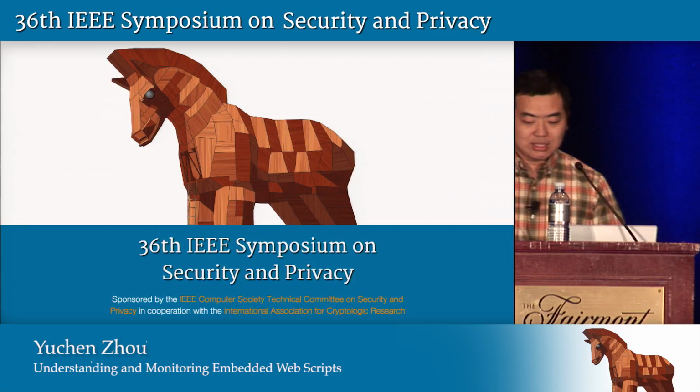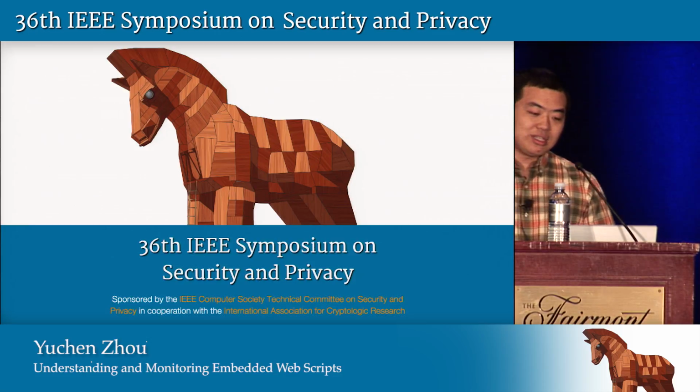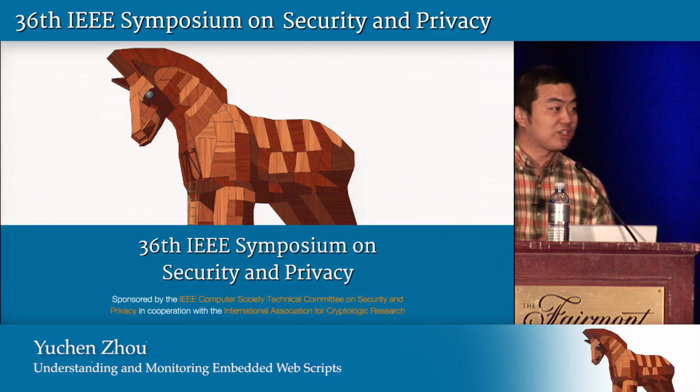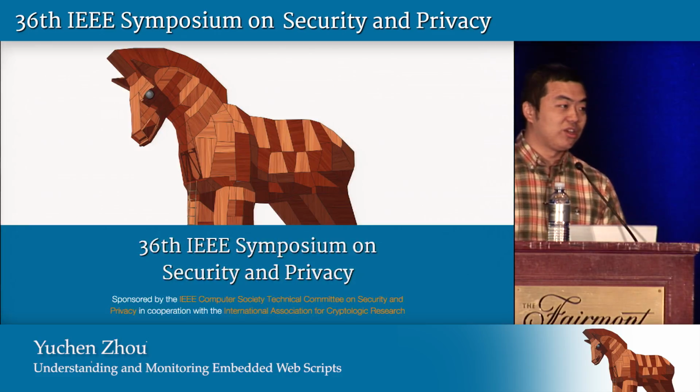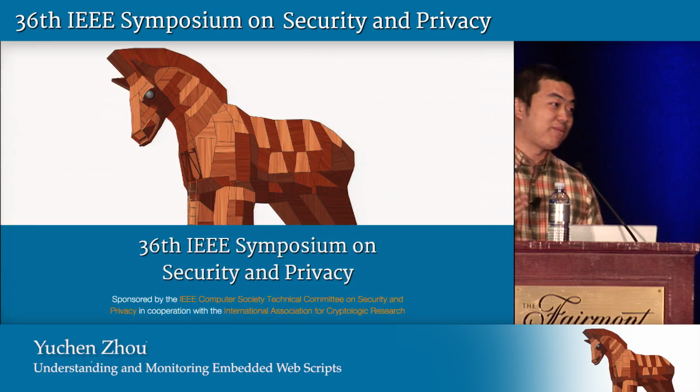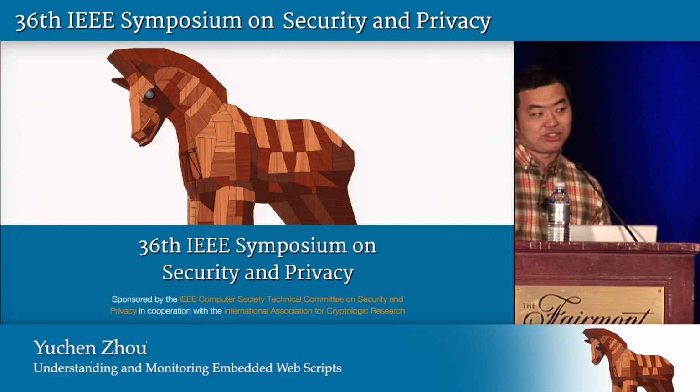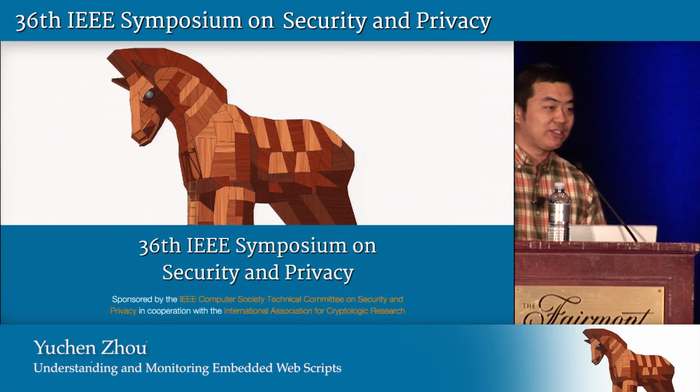Right, so that's also a very good question. The purpose of this work actually is to monitor the change of this third-party JavaScript, because they might be compromised by a malicious attacker, and then do something malicious. So in that sense, the policy would actually catch the attack behavior.